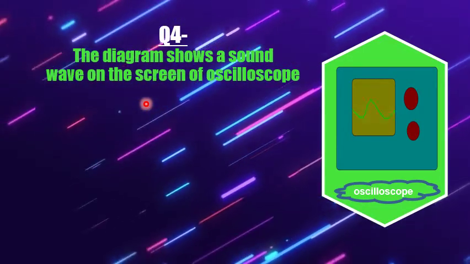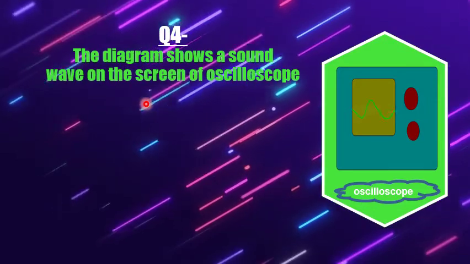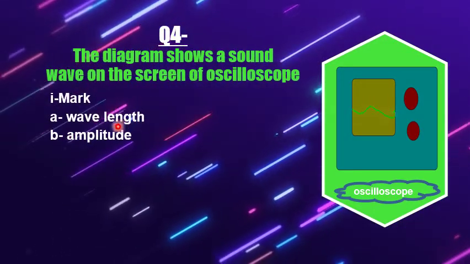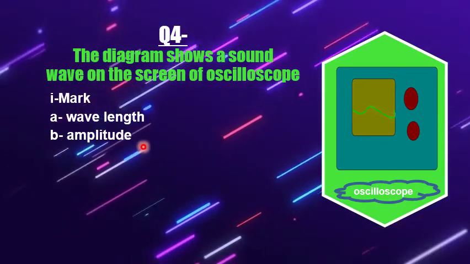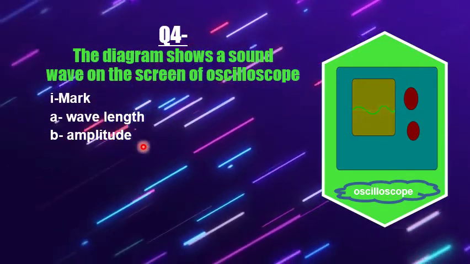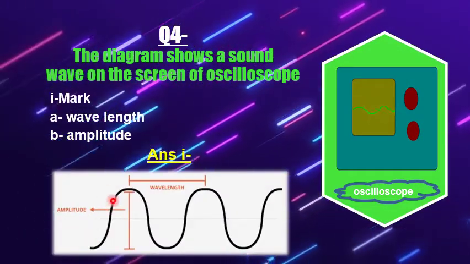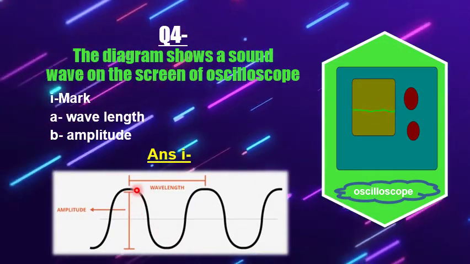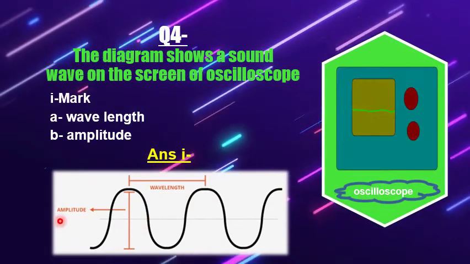Let's see what question is given to us, so that we recall the concept of the oscilloscope. Now we have to mark the wavelength and amplitude in the given wave. So here you can see a wave, and this wave has this much height. The height of the wave from the mean position is called the amplitude.